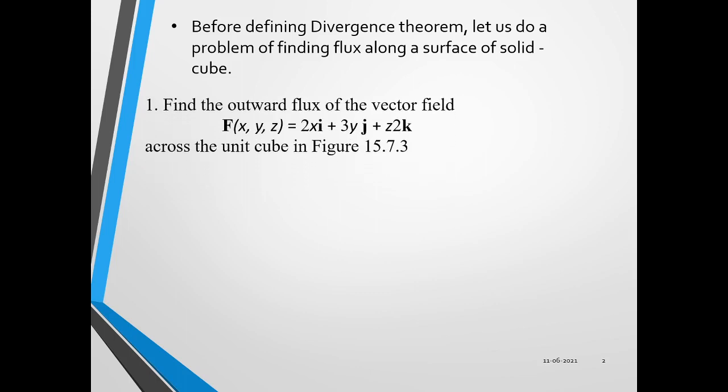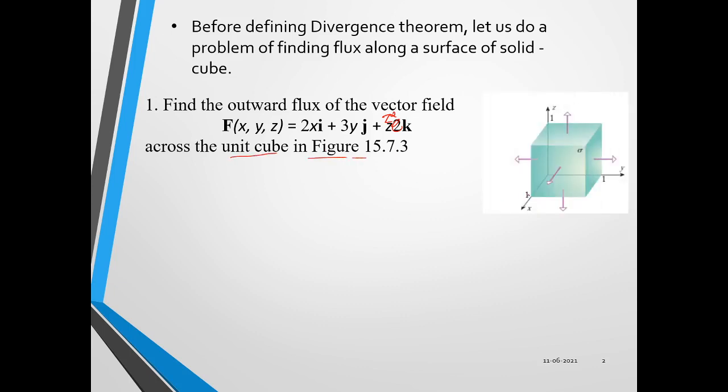Find the outward flux of the vector field F of x, y, z equal to 2x i plus 3y j plus z square k across the unit cube in the figure.